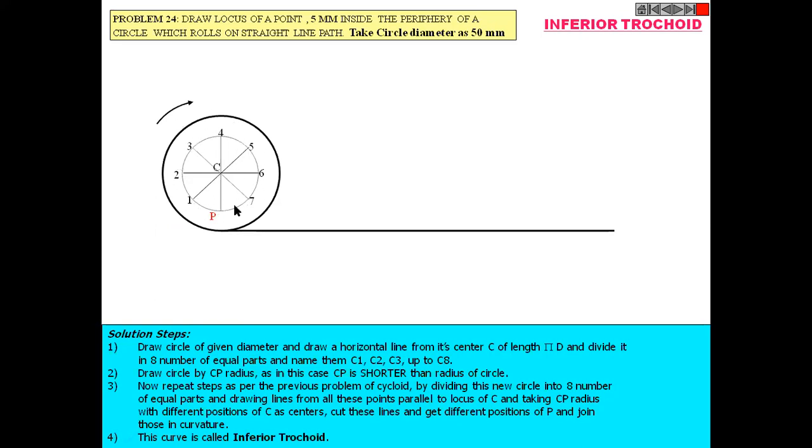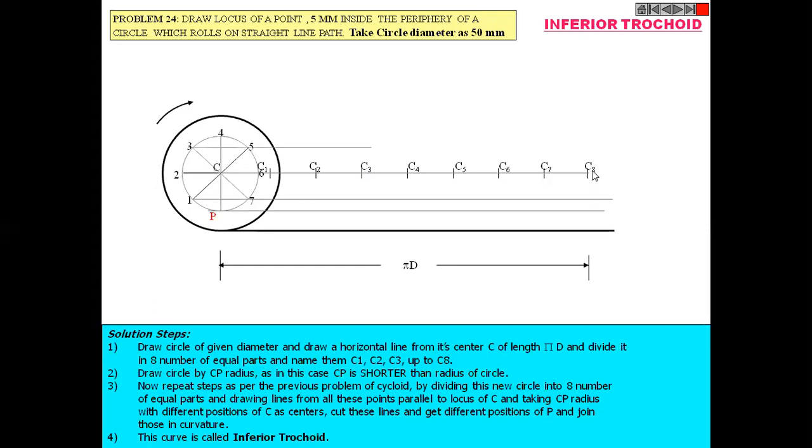Here we have divided this circle into 8 equal parts and drawn a horizontal line from each division, and also divided the directing line into 8 equal parts. Draw a vertical line from all these divisions and mark the different center positions of the circle.